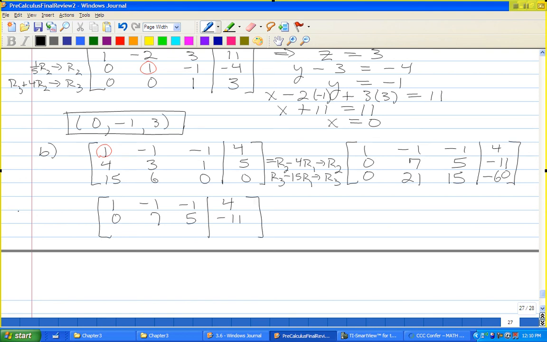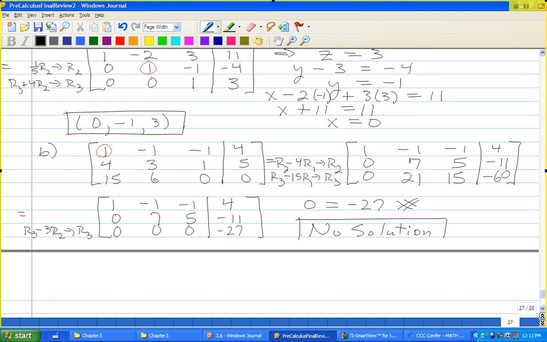And lastly, let's do row 3 minus 3 times row 2 to give me a new row 3. 0 minus 0 is 0. 21 minus 21 is 0. 15 minus 15 is 0. Negative 60 plus 33 is negative 27. Here it says 0 is equal to negative 27. So that's a contradiction. So this is an inconsistent system.